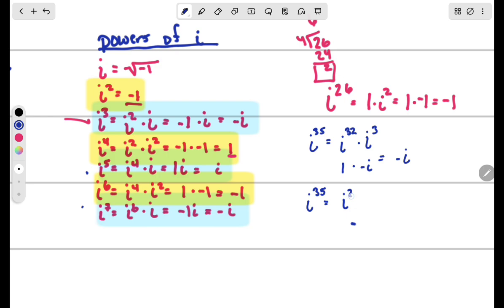So i to the 28 times i to the 7th. 28 plus 7 is 35. So 7 goes into 28 four times, so we'll need 4 i's, four negative i's, I should say, because i to the 7th is a negative i. So negative, negative, negative, negative.